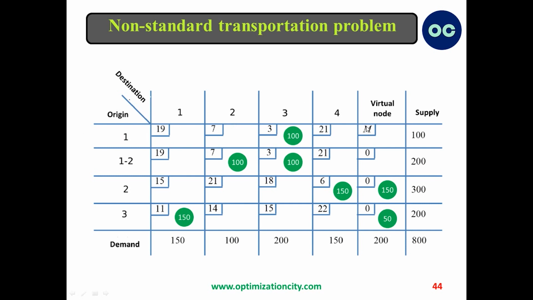Hence, the supply node can produce 100 goods during the first shift and 200 goods when the additional shift, line 1-2, is implemented. So we consider the cost of this arc is M and the other is equal to 0. By doing this, we guarantee that we have a bounded capacity for the origin or supply node.